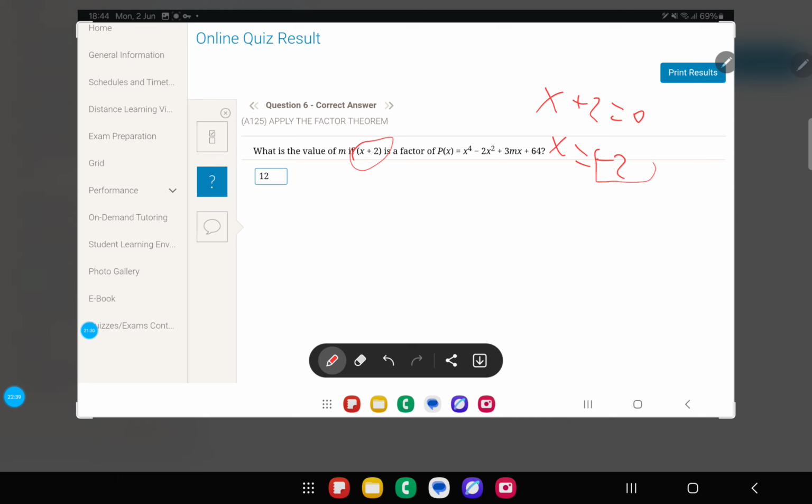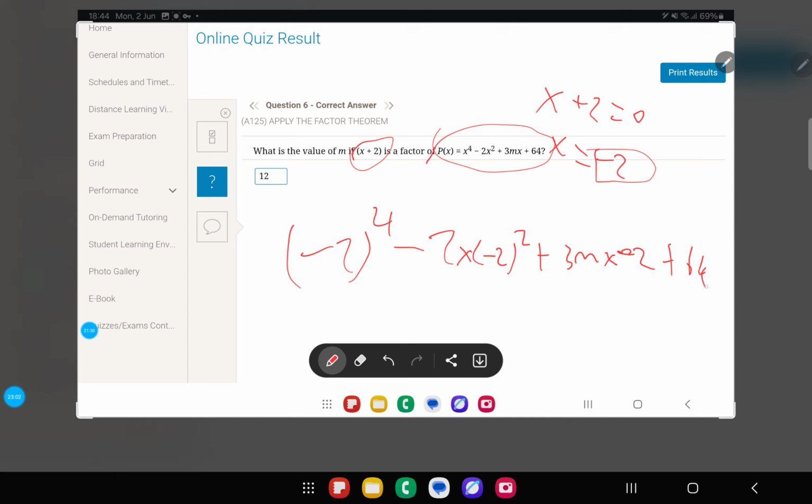Now we're gonna substitute negative 2 into this equation for x. So negative 2 to the power of 4 minus 2 times negative 2 to the power of 2 plus 3m times negative 2 plus 64.